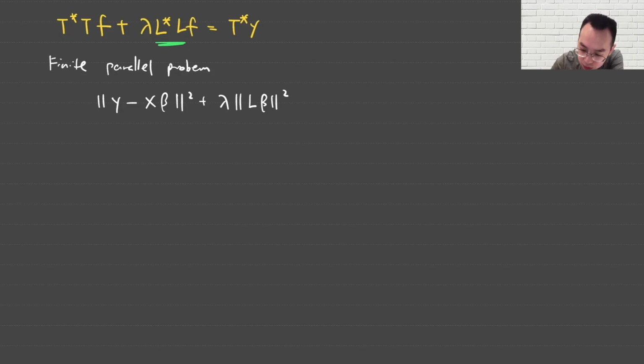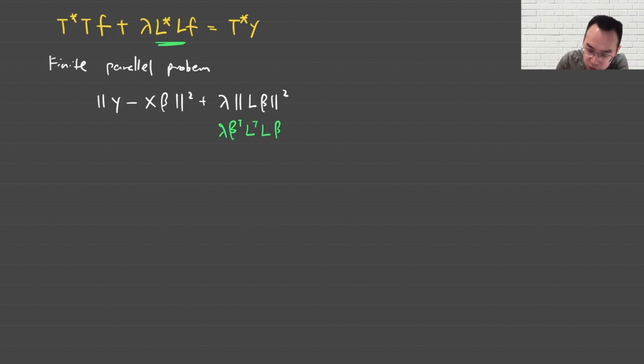Expanding this out gives us beta transpose times lambda times beta transpose L beta. This has an interpretation of graph regularization, because we are putting weight on beta using this matrix L transpose L in between. That's the finite version of this problem.